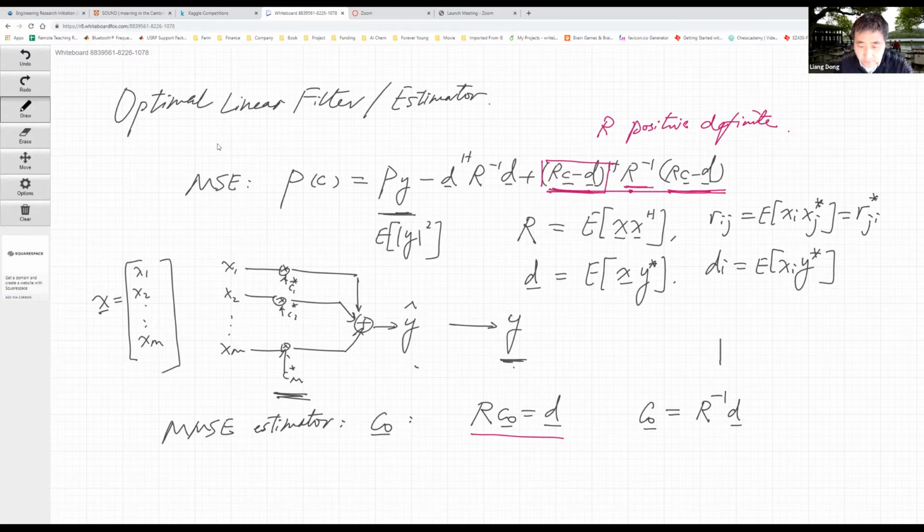Now, if we plug this in, of course, when you get the best estimator, then this is 0. This is 0. So the third part goes away, right?